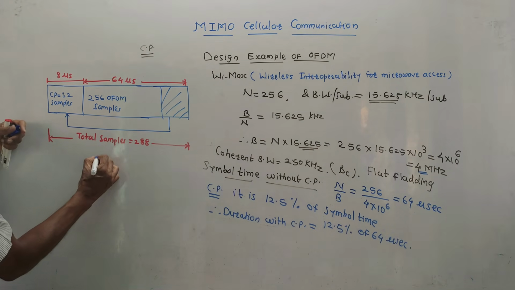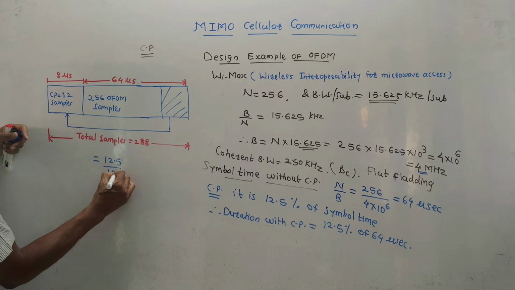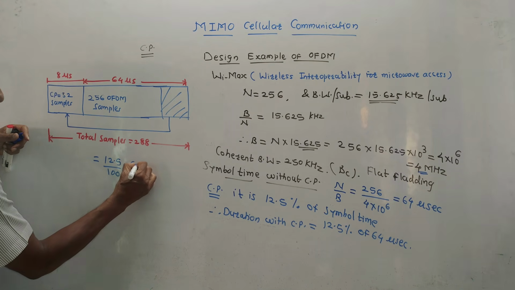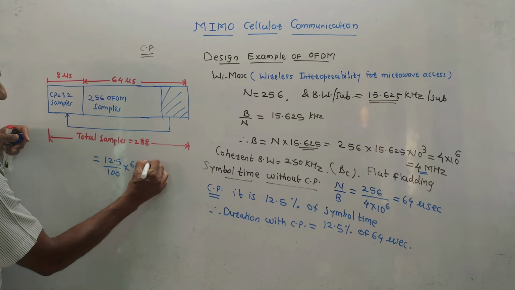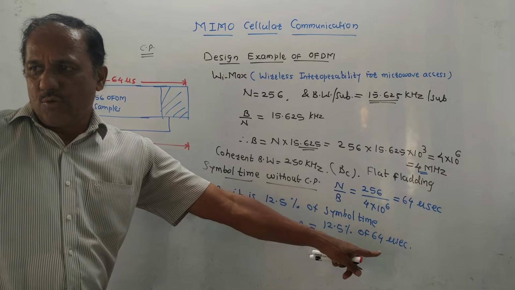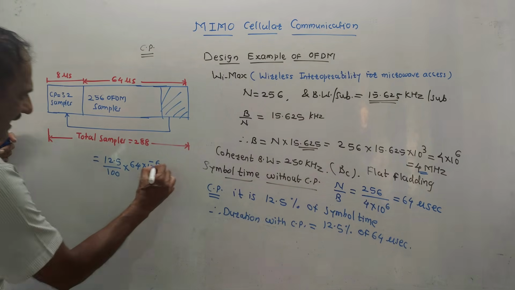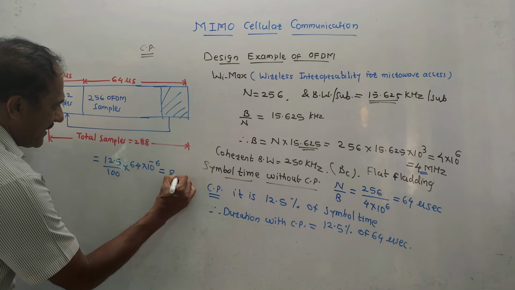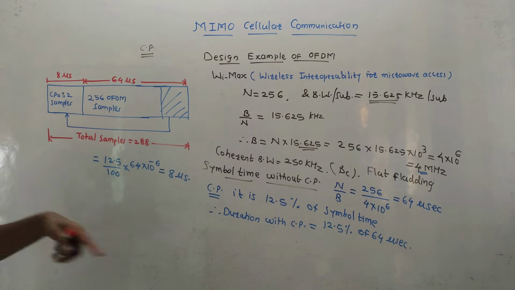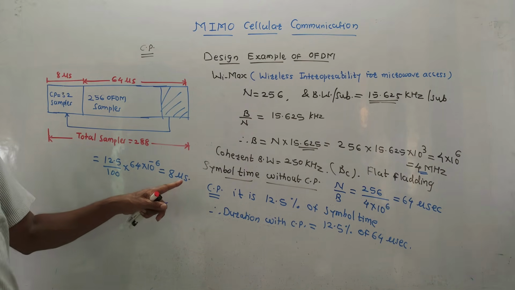We can write this value as 12.5 divided by 100 into 64 into 10 raised to minus 6, because this is in microseconds. If you calculate this value on the calculator, the answer will be 8 microseconds. That means if you are using the cyclic prefix, then the duration required is 8 microseconds.